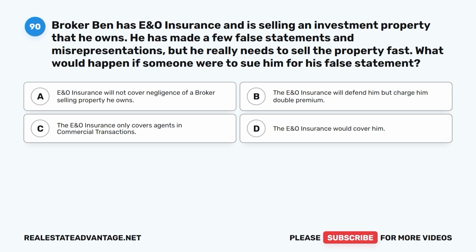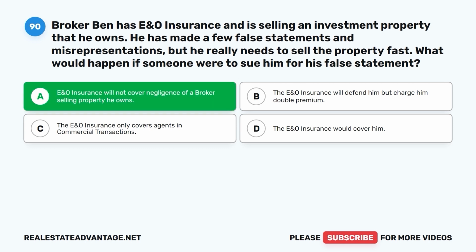B. The E&O insurance will defend him but charge him double premium. C. The E&O insurance only covers agents in commercial transactions. D. The E&O insurance would cover him. The correct answer is A.